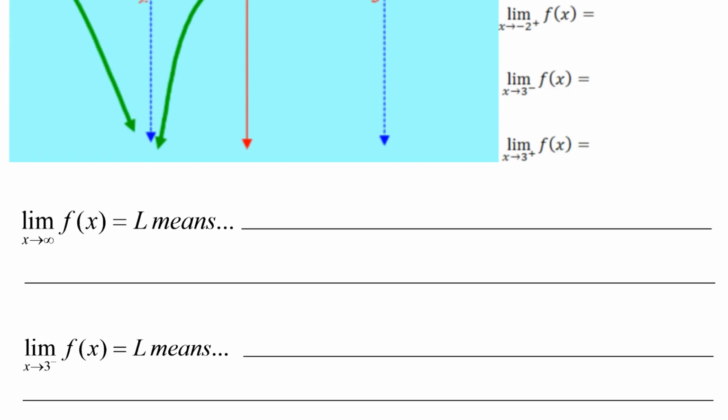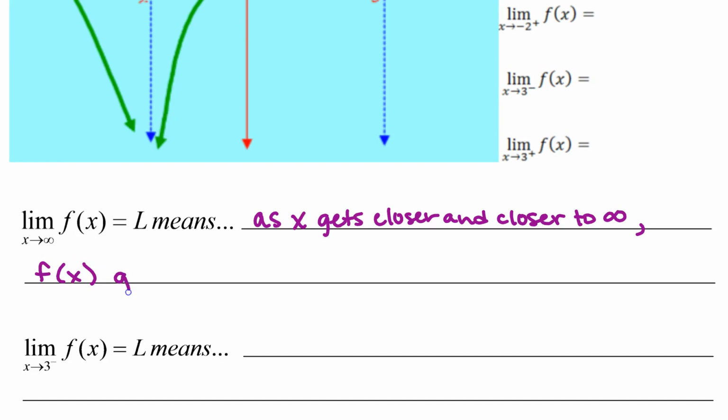If you see the notation limit of f of x as x approaches infinity equals L, that means as x gets closer and closer to infinity, that would be positive infinity, f of x gets closer and closer to the number L. So L would be a y value, that would be the height of the function.